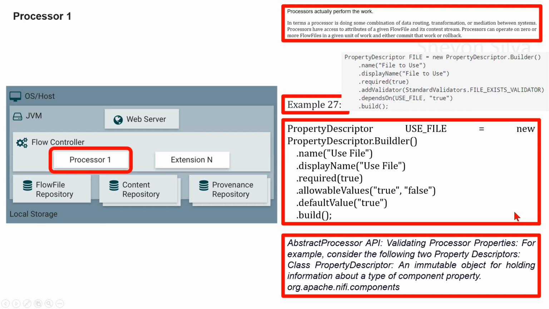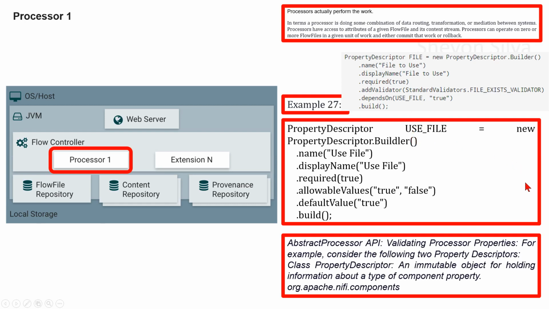In addition, if a property is dependent on another property by means of the property descriptor builder's dependsOn method, and the dependency is not satisfied, then the property will not be validated.